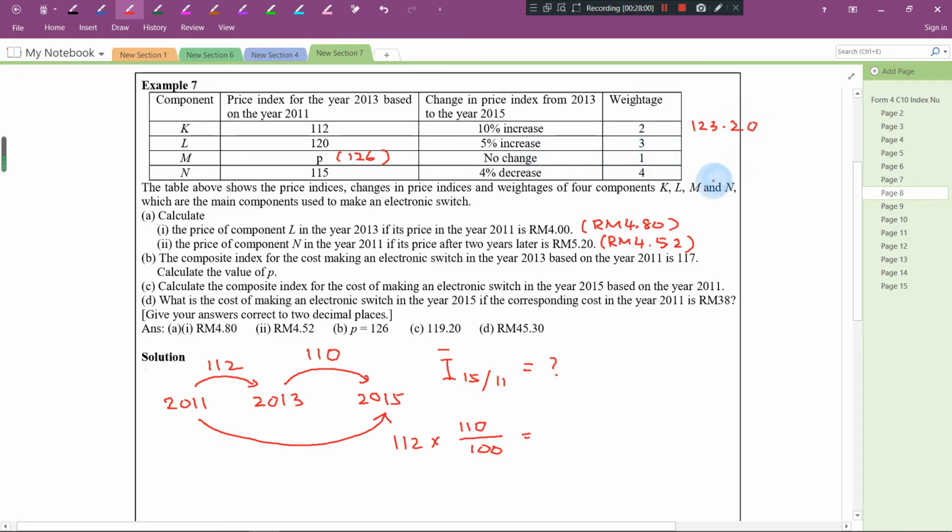So the rest, you do the same thing. This 5% increase, you take 120 times 105 divided by 100, which is 126. No change means just keep it this way: 126 times 100 over 100, still 126.